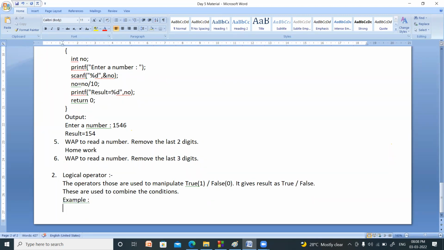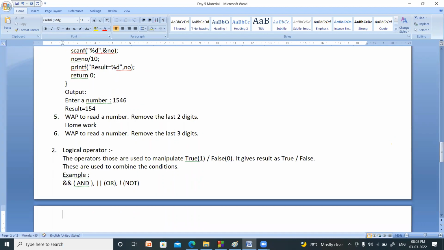One is ampersand, called the AND operator. Second one is 2 pipe symbols, called the OR operator. Third one is exclamation, called the NOT operator. Three types of logical operators are there. Right. You know these operators very well.